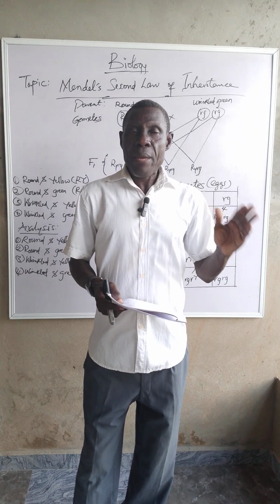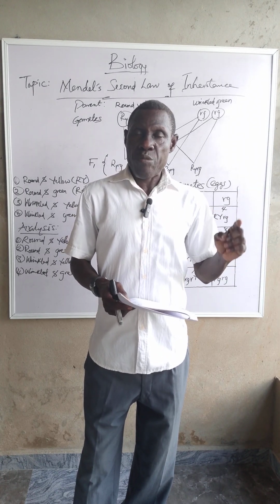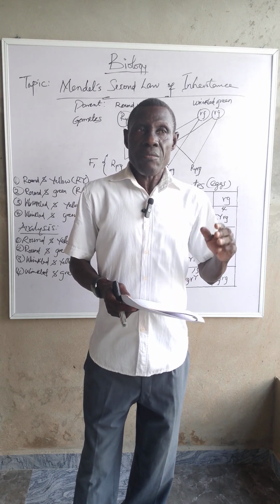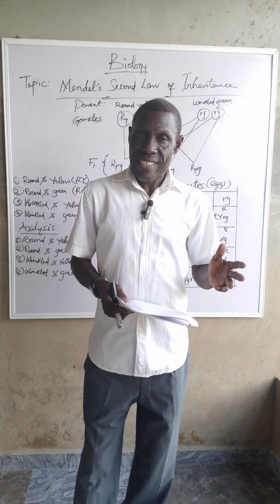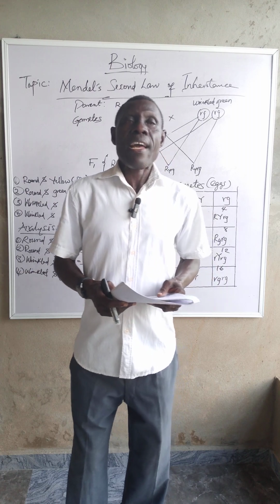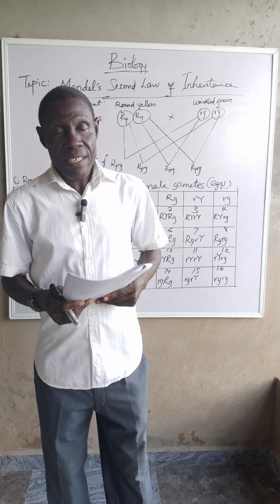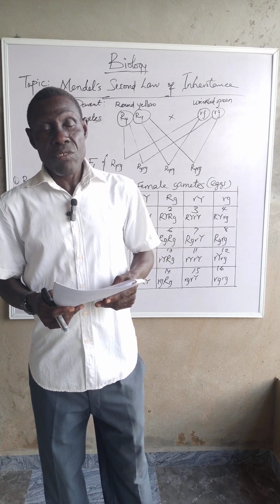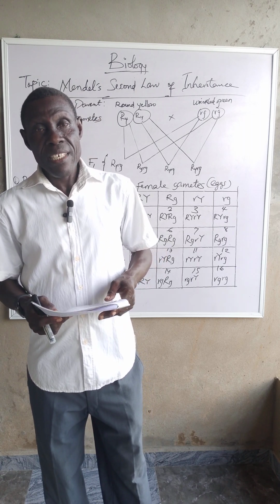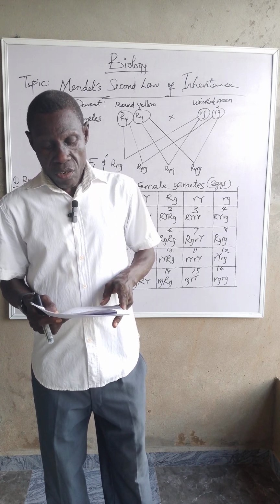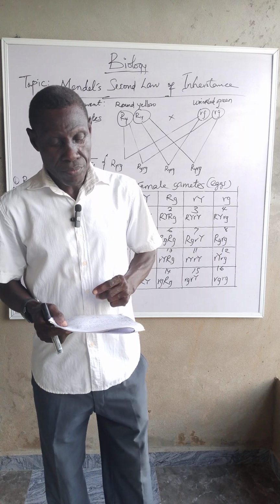The monohybrid inheritance led him to propound the first law, called Mendel's first law of inheritance, while the dihybrid inheritance as the second method led Mendel to his second law, called Mendel's second law of inheritance.